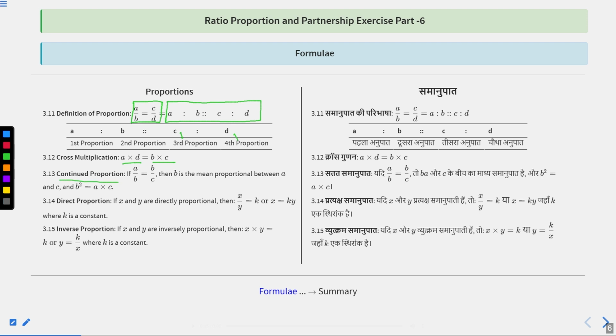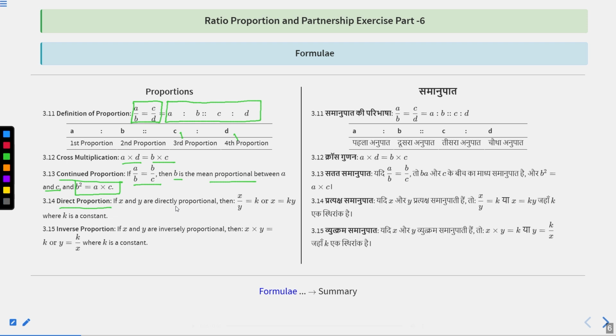Now, continued proportion. If A upon B equals B upon C, then B is the mean proportional between A and C. So we can represent B square equals A into C. This is also called mean proportion, or we can say continued proportion. What is direct proportion?